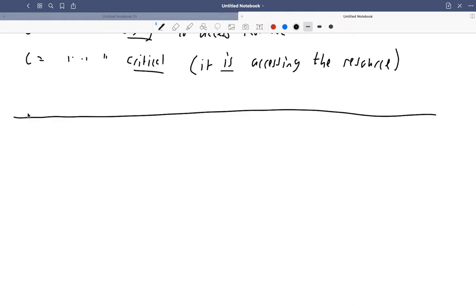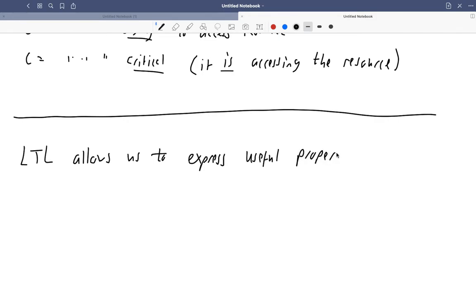So LTL allows us to express, in a mathematical, logical language, useful properties of transition systems.